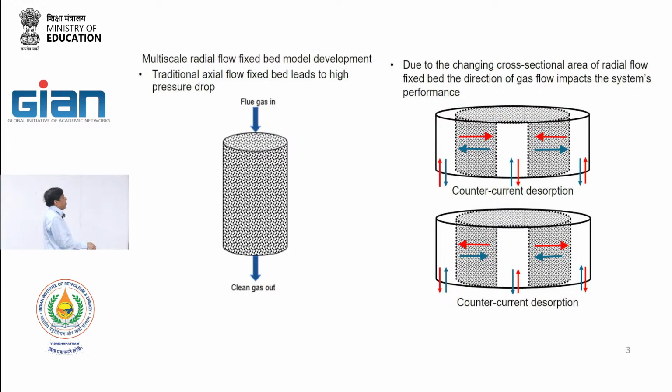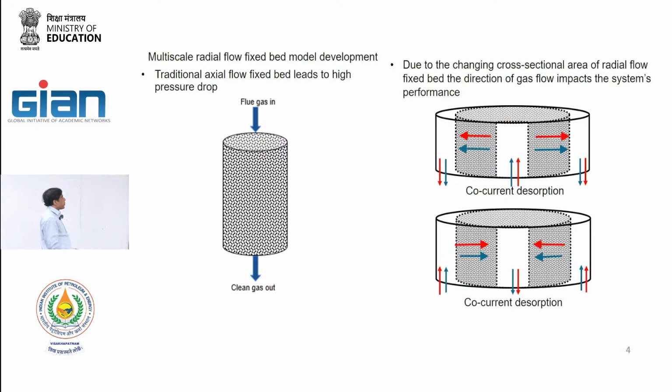Then counter current basically means that the steam or whatever hot gas comes in comes through the outer annulus. So it will be counter current, right? And it could be the other way around. It is possible that the flue gas, instead of the inner annulus, comes in at the outer annulus. Then for a counter current configuration, the steam or any hot gas will be flowing through the inner annulus.